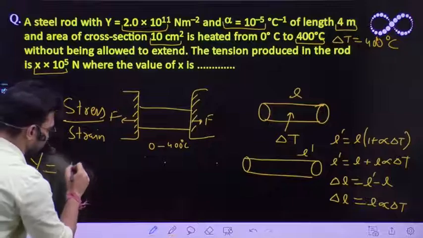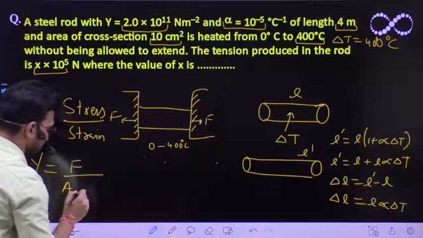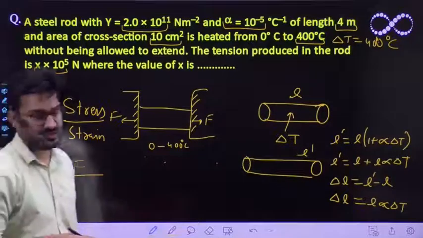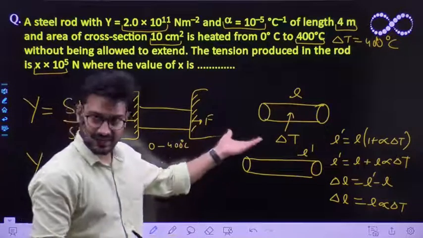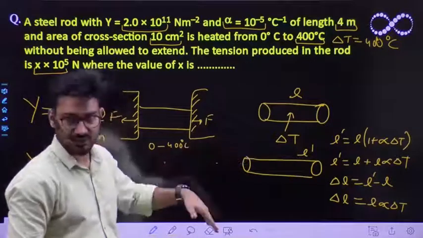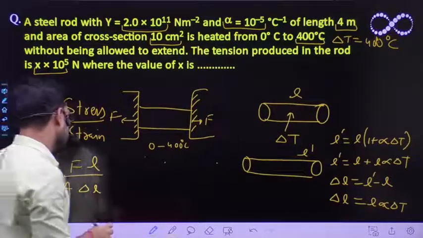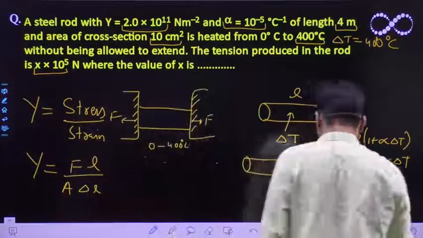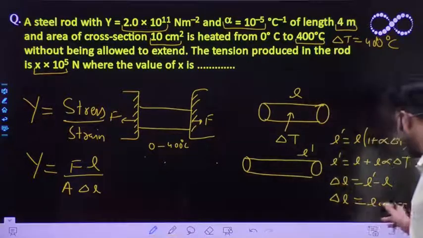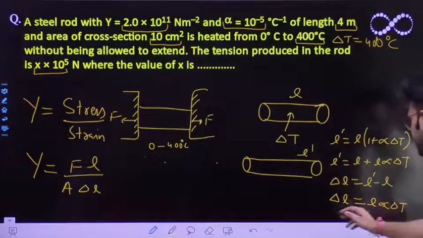Stress is force applied per unit area, and strain is del L by L, the change in length per unit original length. So this is the expression, and the value of del L can be put from here. So del L by L comes out to be alpha delta T.